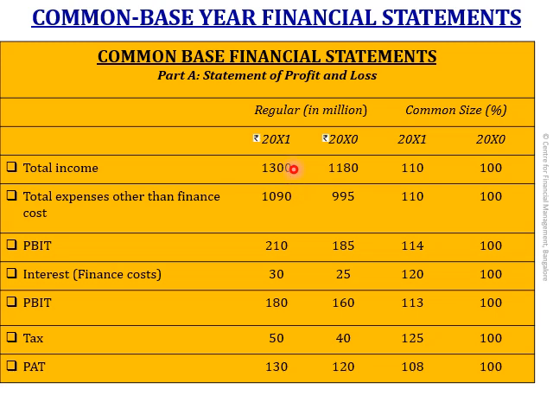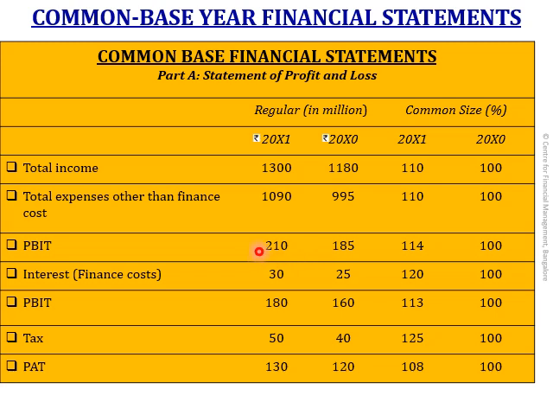Now we turn to 20x1 numbers. Total income in 20x1 is 1300 million. 1300 million in relation to 1180 million, which is the figure for the base year, is 110%. 1090 in relation to 995 million, which is the figure for the base year, is 110%.